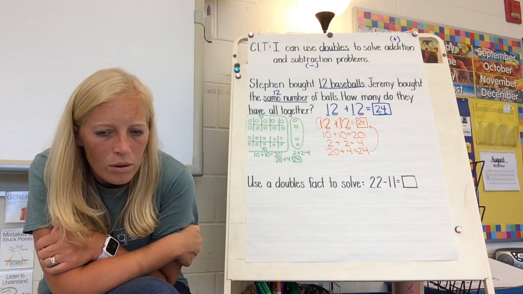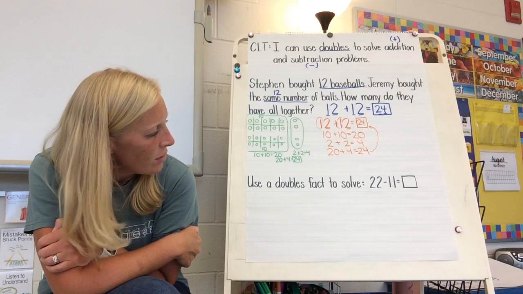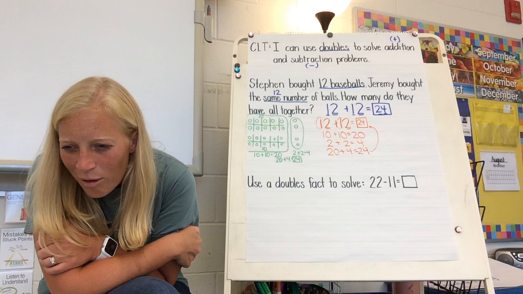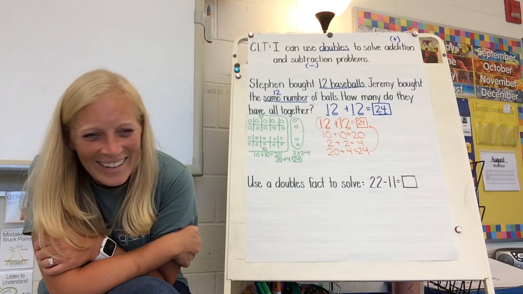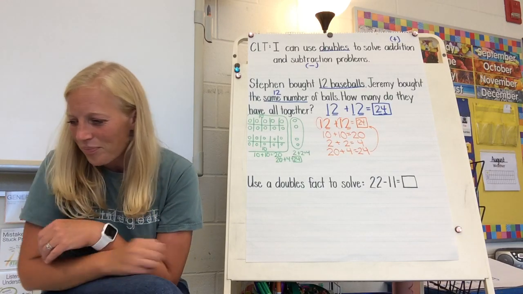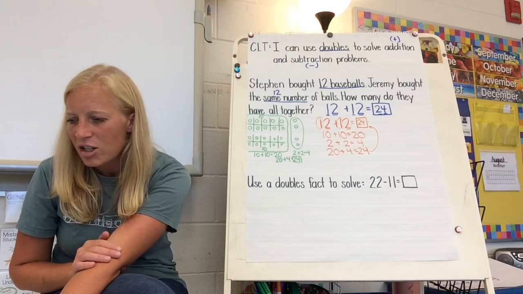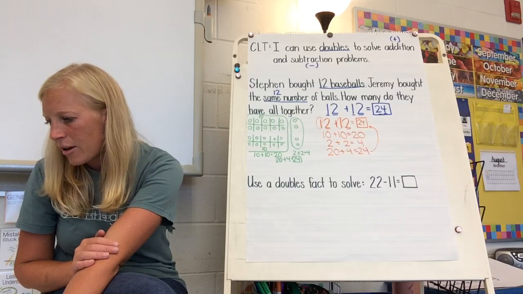Where's your 22? What do you notice about what's left? Where's your double? Yeah. Just about 5 more seconds, friends. Finish up. I'm seeing a lot of you finishing up already.